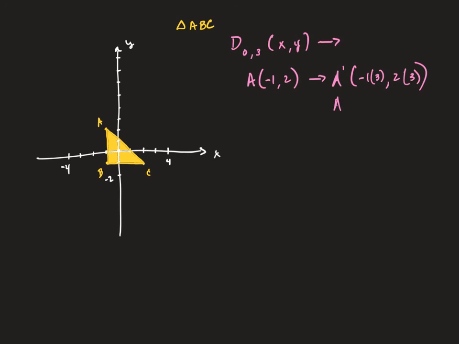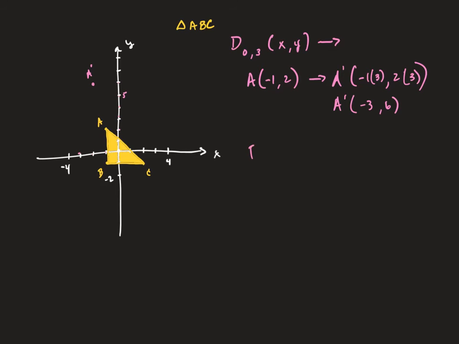So A prime is going to be -3, 6. So let's see here, that is going to be -1, 2, 3, and 2, 3, 4, 5, 6. -6. My bad, I never put the scales on there. So this is going to be my new A prime.